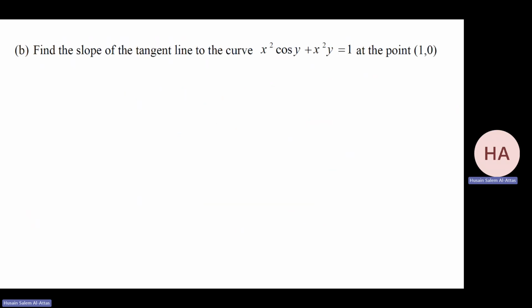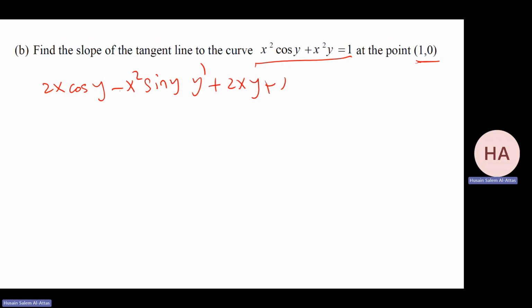Find the tangent line to this curve. Differentiate and substitute at 1 and 0. So that would be 2x cosine y minus x squared sine y y prime plus 2xy plus x squared y prime equals 0. At 1 and 0, what will you have? Cosine 0 is 1. 2, that will be 2.